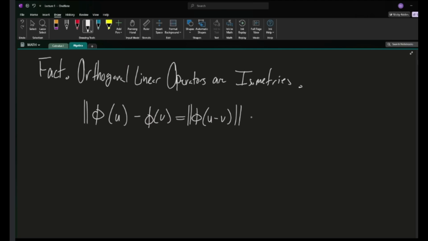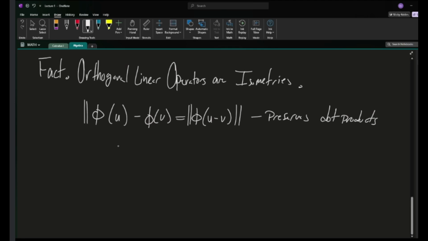It preserves dot products. And that's exactly the point of an orthogonal matrix or an orthogonal anything. It always preserves dot products, and that's the key defining feature of orthogonality.